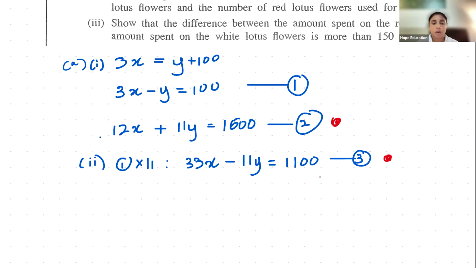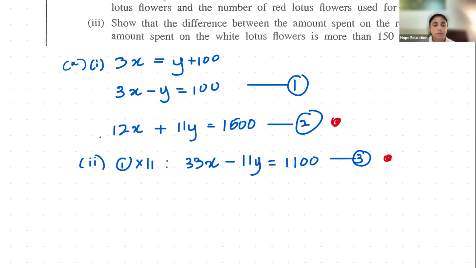So there is a common element, that is all good. Now we look at the sign in front of the common element. Here there is plus sign, here there is minus sign. If the signs in front of the common element are the same, we subtract the equations. If they are different signs, we add. So here this is plus minus, different signs. So we add the two equations.